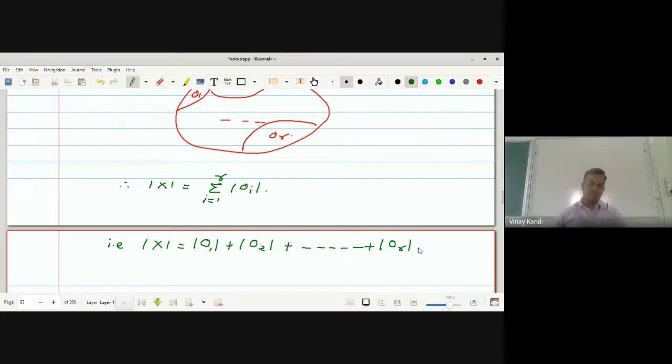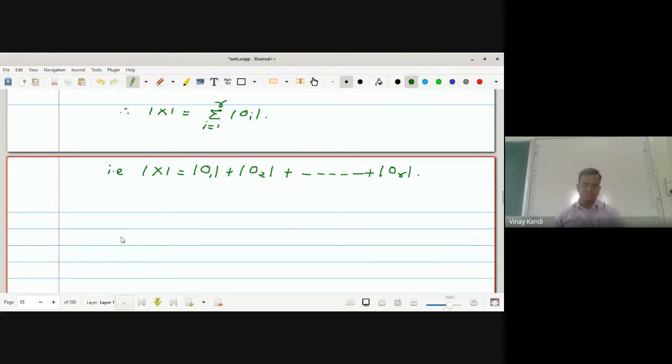But what is the orbit? The orbit is also called xiG, or xG. And also what we have, the order of X is equal to the summation i running from 1 to r of the order of xiG, where xi belongs to Oi.